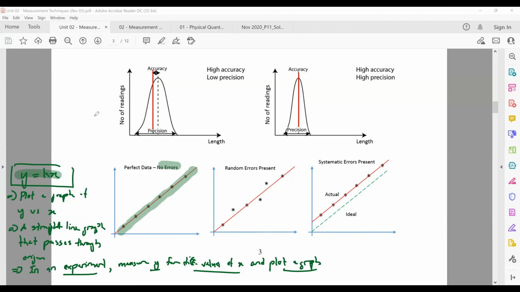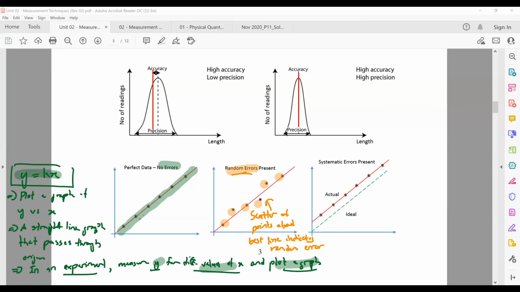If, however, you notice that after you do your measurements and then you try to plot a graph, you get something like this, where your points seem to be scattered about your best fit line. This is indicating to you the presence of random error. Okay, here you see scatter of points about the best fit line indicates random error.